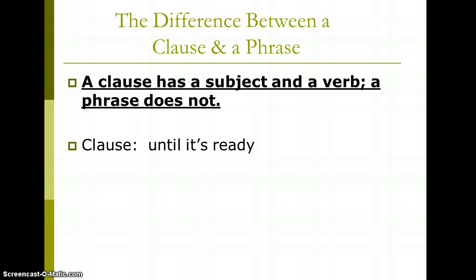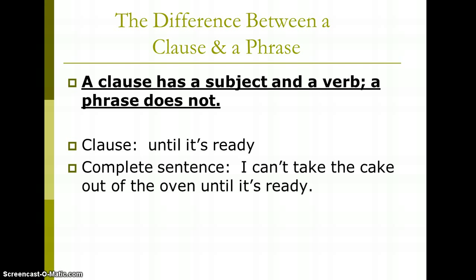Until it's ready. There's a subject and a verb tied up in a neat little package called a contraction. It is the subject, is the verb, but this is not a complete sentence, is it? I can't take the cake out of the oven until it's ready. That's a complete sentence. We just need more information.